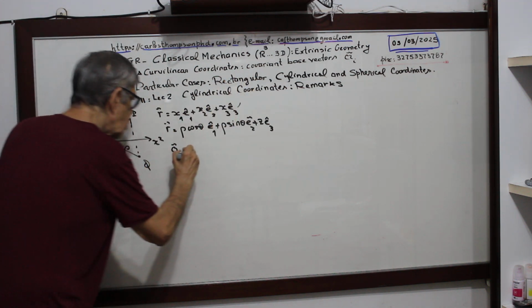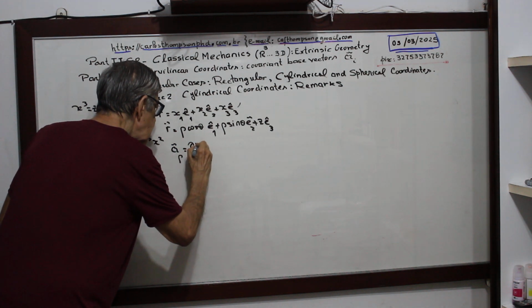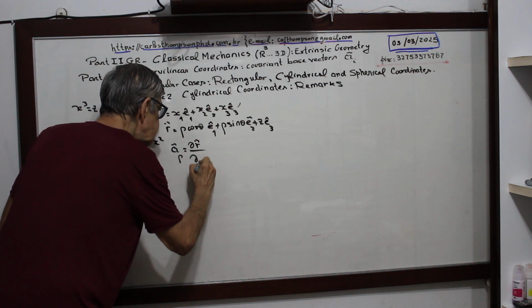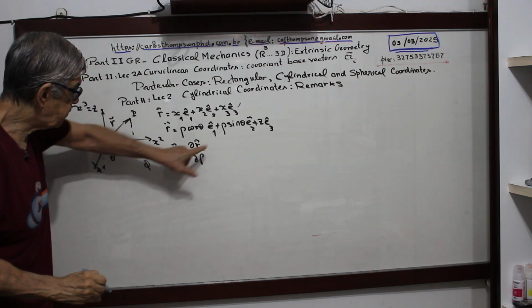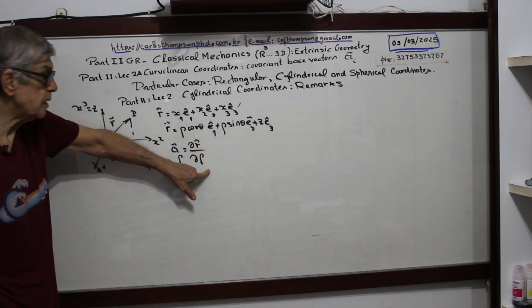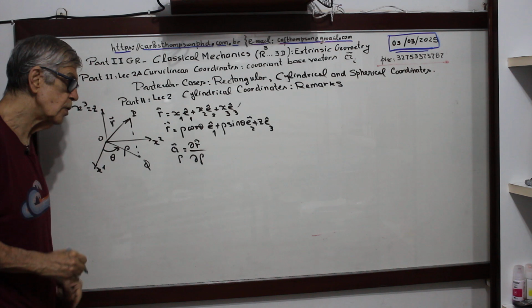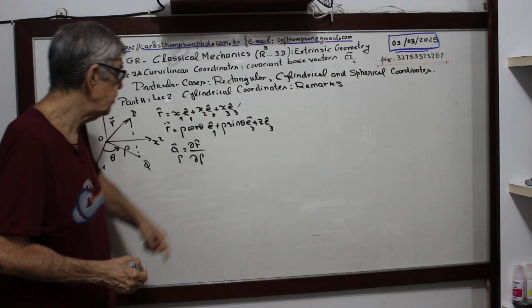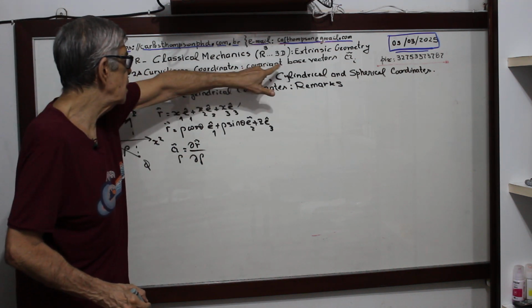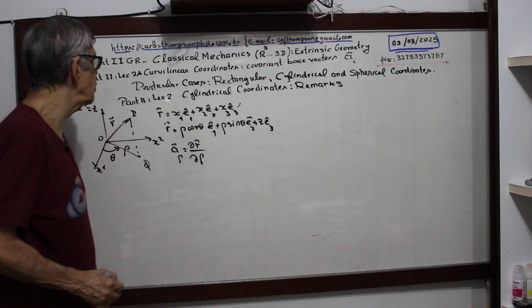A rho is partial R with respect to rho. That's a very, very, very important property that will be used in this case on the curvilinear coordinates.